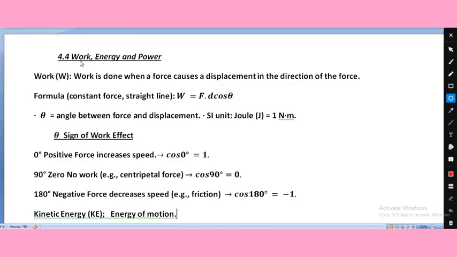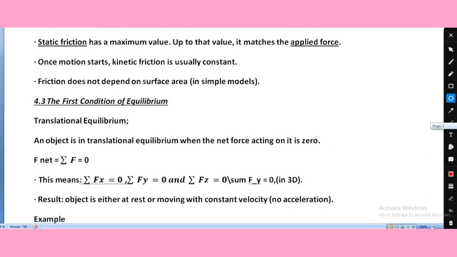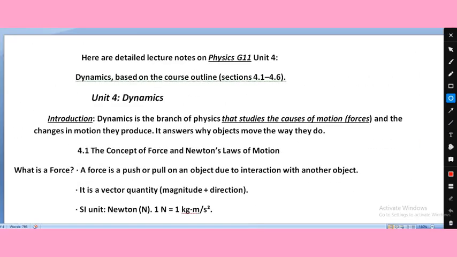We also discuss work, energy, and power. Work is when a force exerted on something moves it in a given direction, which directly gives the amount of energy transferred. The same applies to energy and power. In general, we also discuss the sign of the force's effect, theta, in the equations.